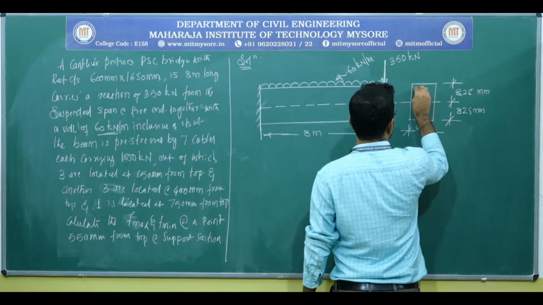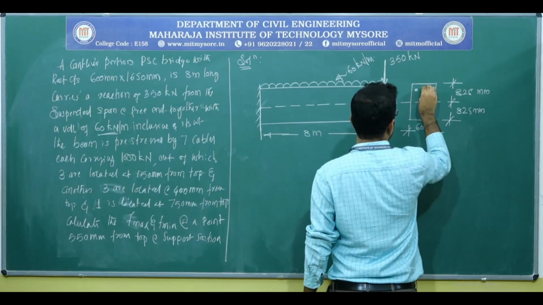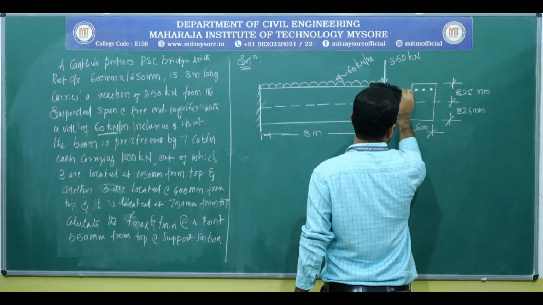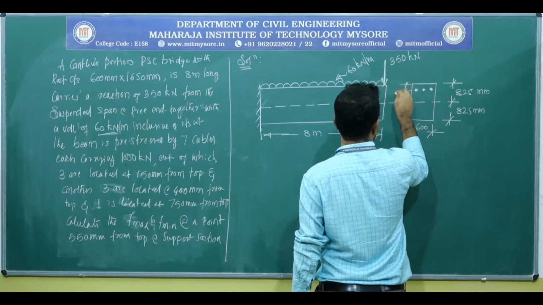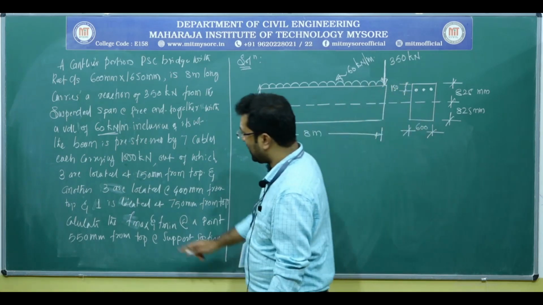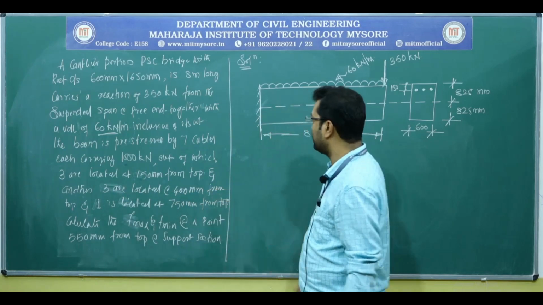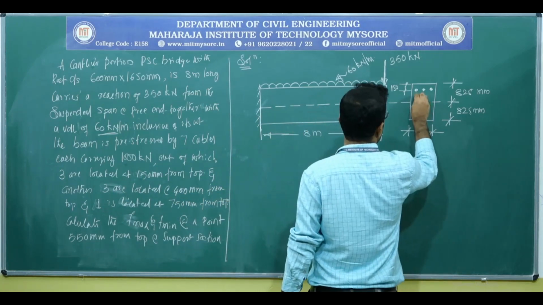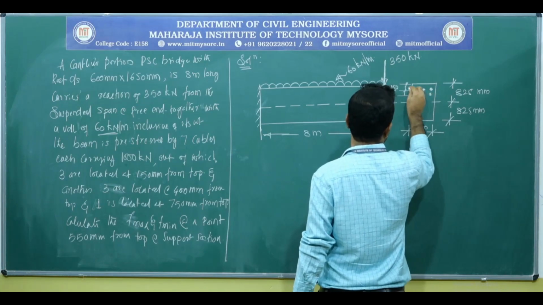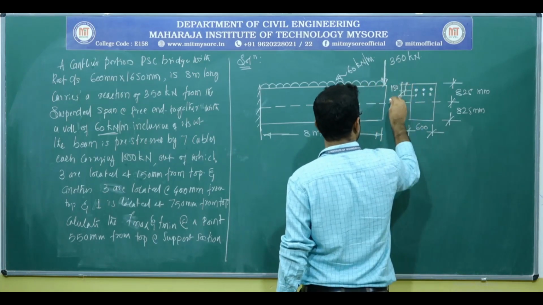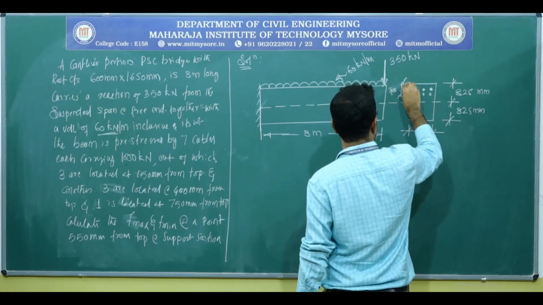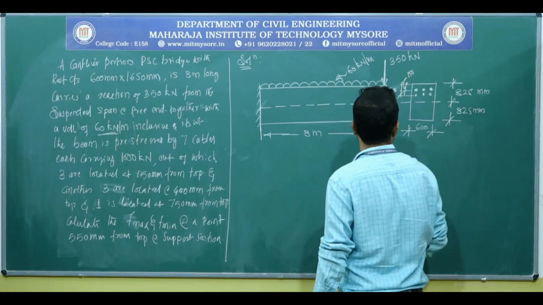Means somewhere here there are 3 wires at a distance of 150 millimeter from the top, and another 3 are located at 400 millimeter.